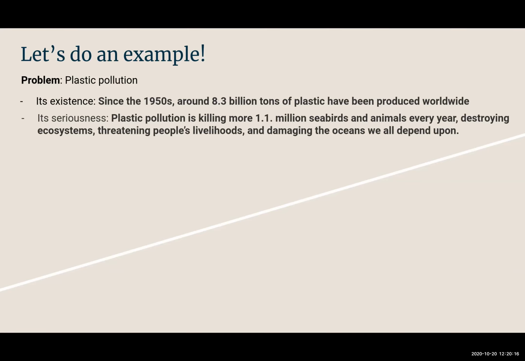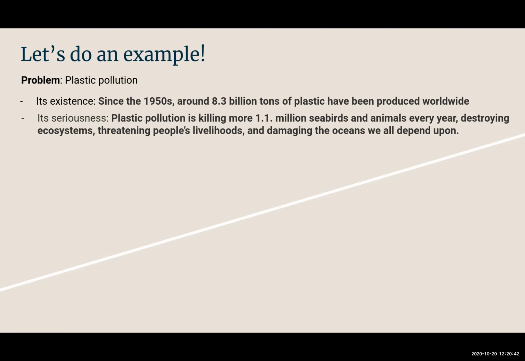Now, again, I'm making some claims here. I'm making a claim that it's destroying ecosystems, but I have not included any evidence because, again, I'm not writing this paper. But if you're going to make a claim that plastic pollution is destroying ecosystems, you're going to have some supporting evidence for that, and you're going to have to cite it, of course. So, but overall, this is just to show you what it might look like for you to prove that your issue is serious and that it should be addressed immediately.